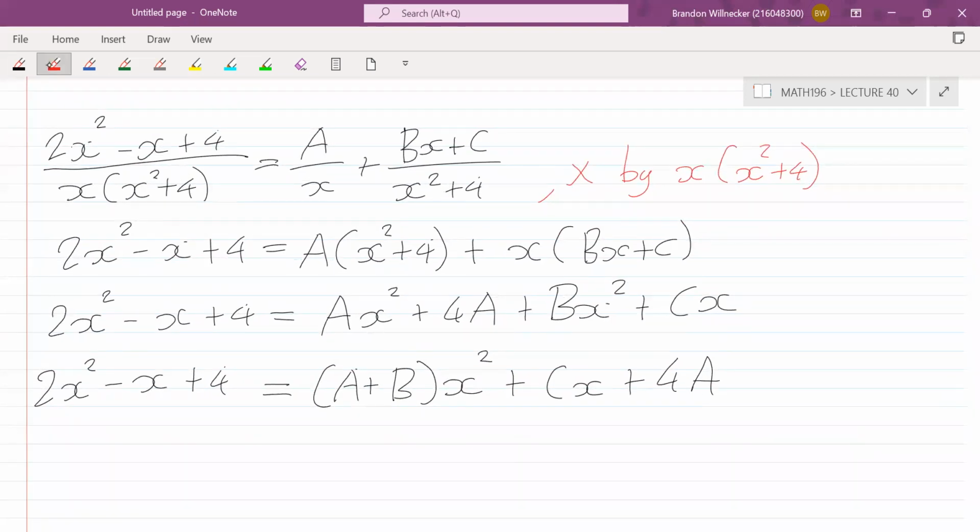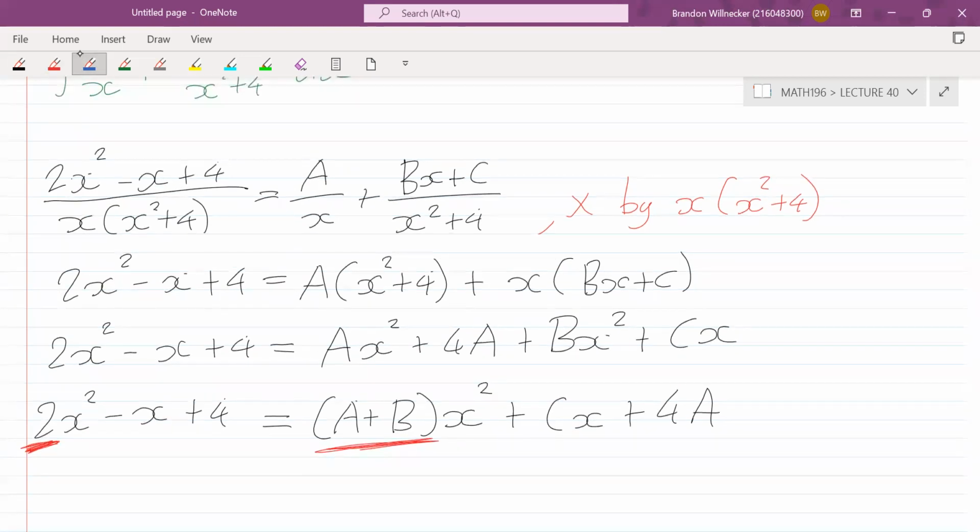Now I'm going to compare the coefficients on either side. The 2 goes with x², and A + B goes with x². The minus 1 goes with C. And 4 goes with 4A.